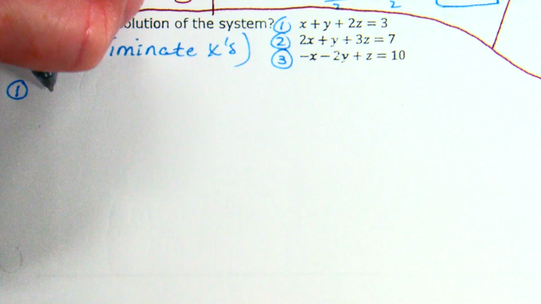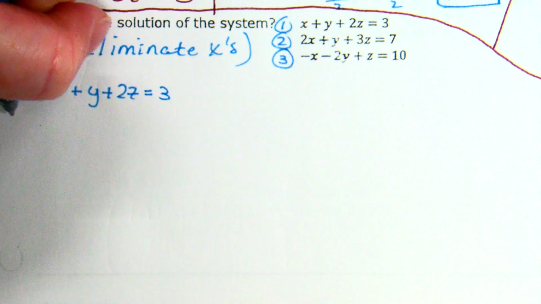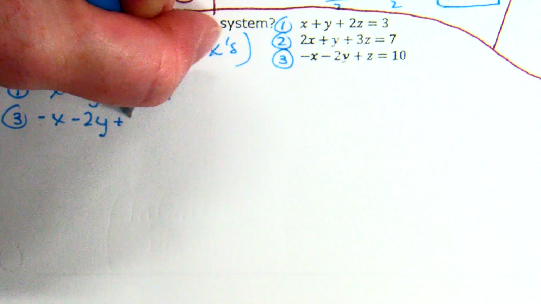So 1 is x plus y plus 2z equals 3. 3 is negative x minus 2y plus z equals 10.